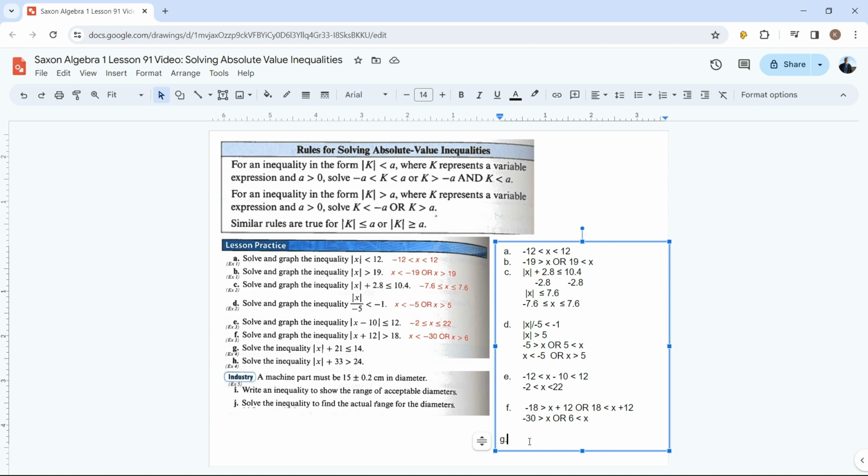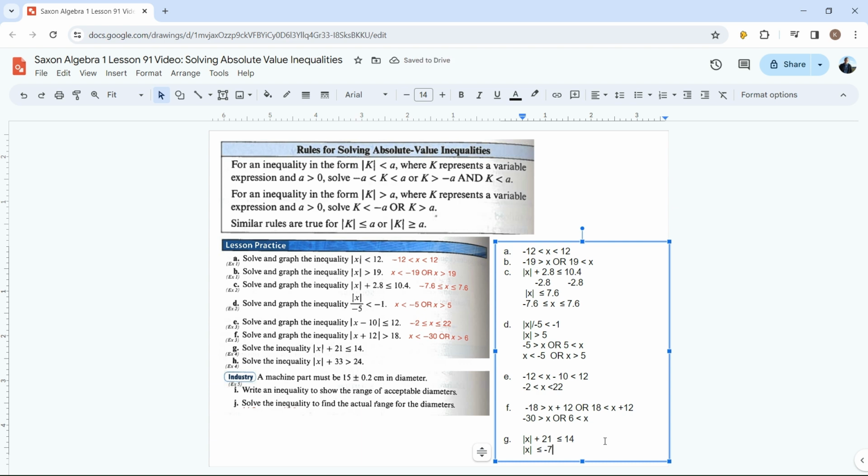All right, we'll do letter G. Solve the inequality: the absolute value of x plus 21 is less than or equal to 14. I'm going to subtract 21 from both sides. That's going to give me the absolute value of x is less than or equal to negative 7, but now I'm in trouble.